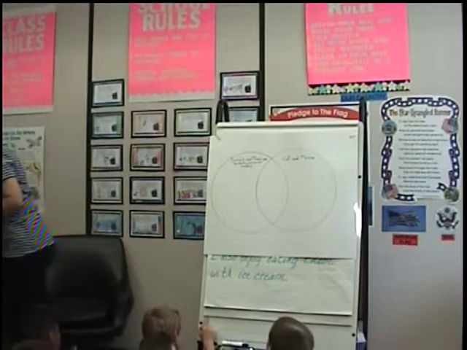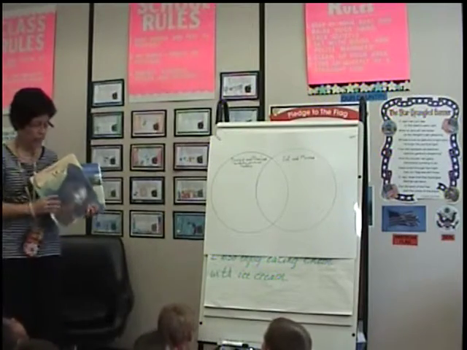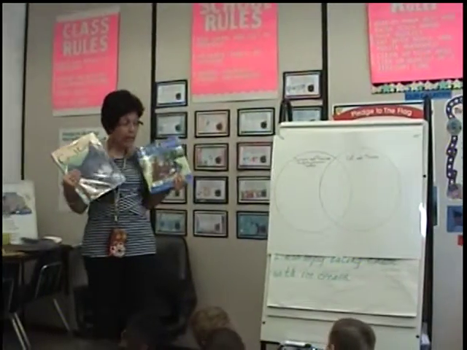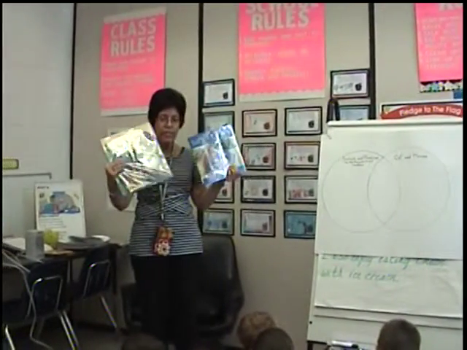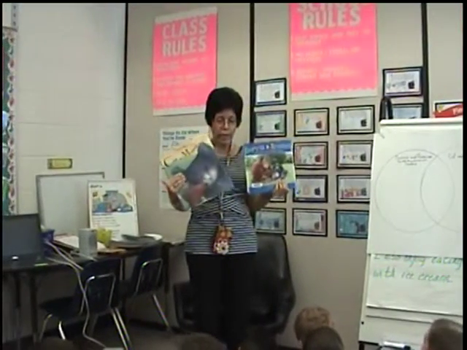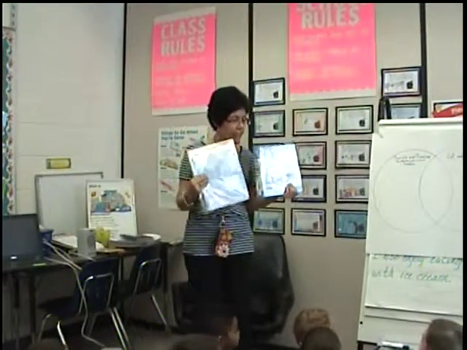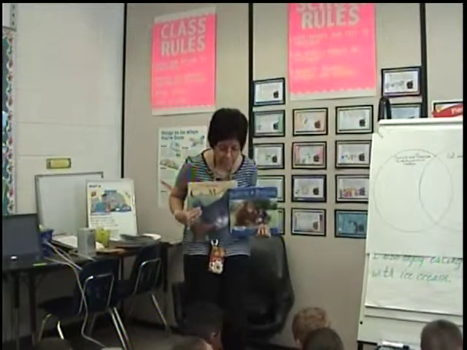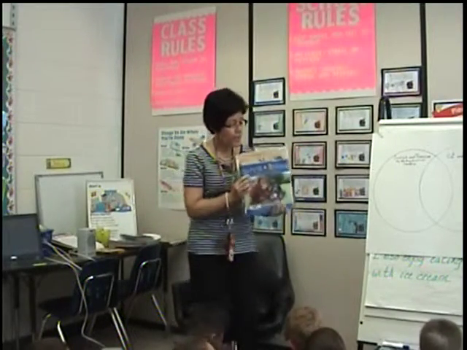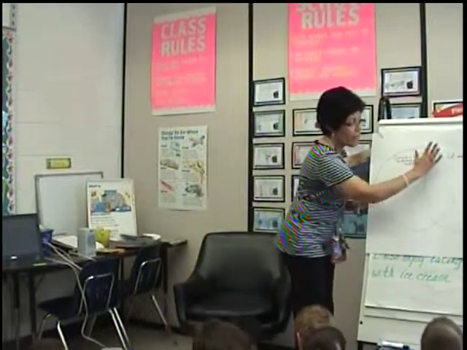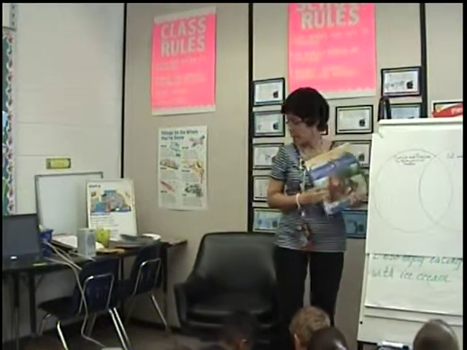Now, I want to start with these two books that we already read. We already kind of have good ideas how these two books can be similar and how they can be different. And now you are going to help me put the information in this Venn diagram, okay?